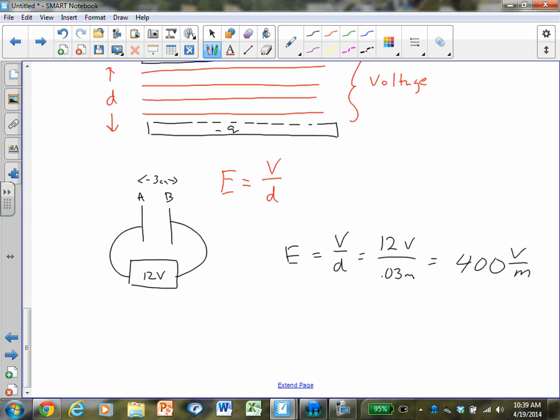A volt per meter must be the same as a joule per coulomb per meter. Then we could say something like this too.